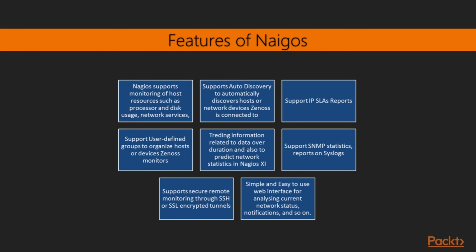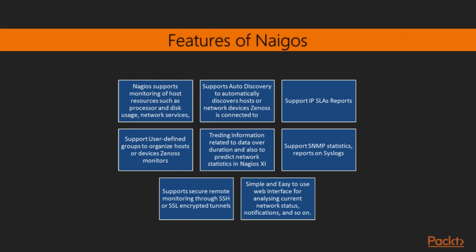It also supports IP SLA reports. Then it also supports user-defined groups to organize hosts or devices Nagios monitors. It supports secure remote monitoring through SSH or SSL encrypted tunnels. It supports SNMP statistics and provides reports on syslogs.